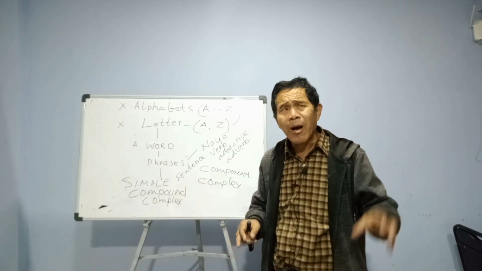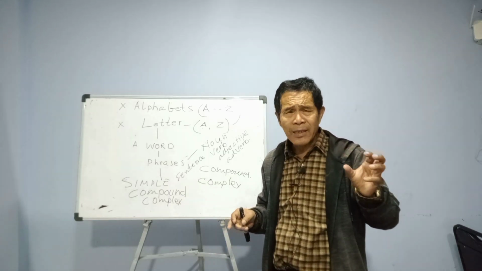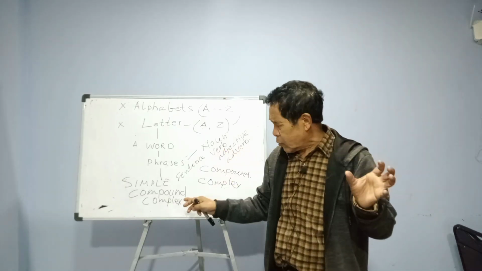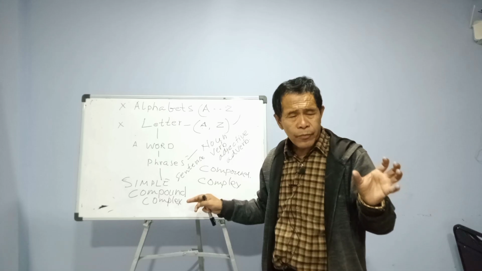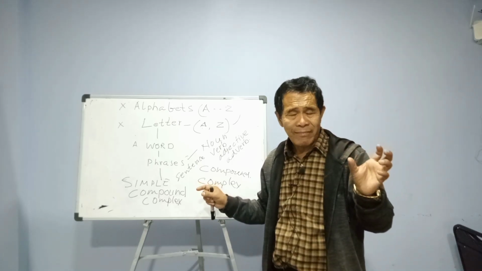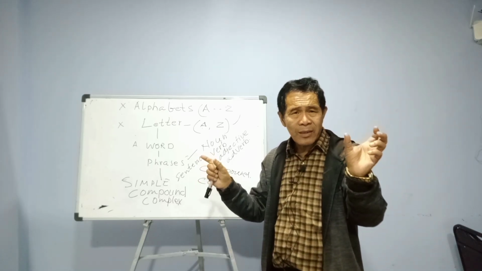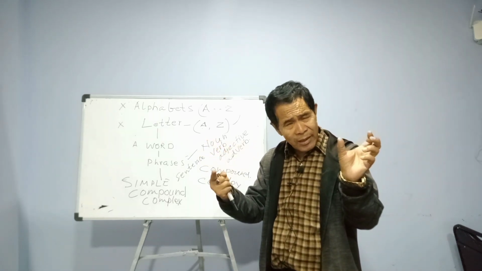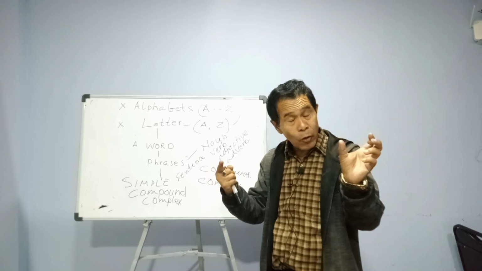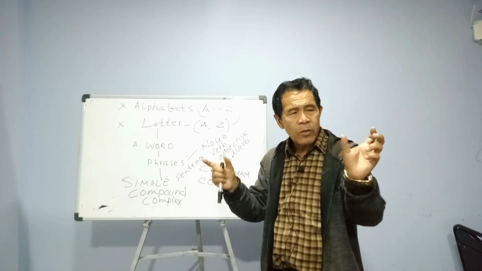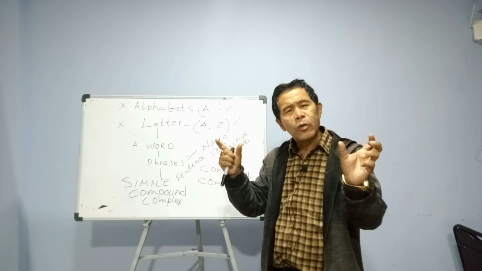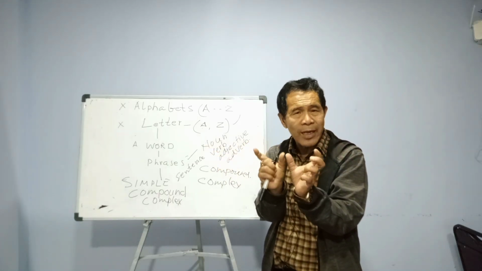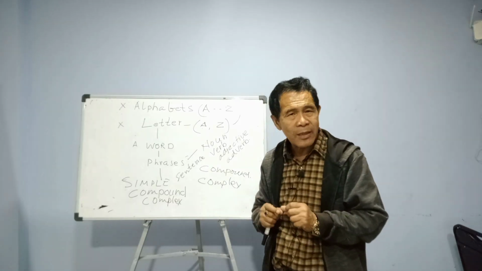Yes. Now next one is complex sentence. A complex sentence is also a simple sentence. While learning complex sentences, we call it a clause. Clause is another name for a simple sentence. So two or more clauses, when they are connected or joined together, then it is a complex sentence.